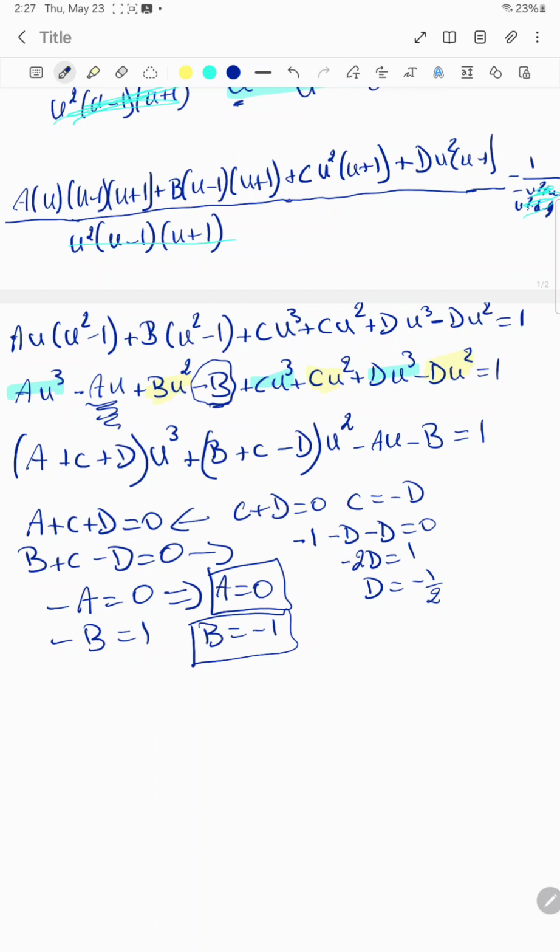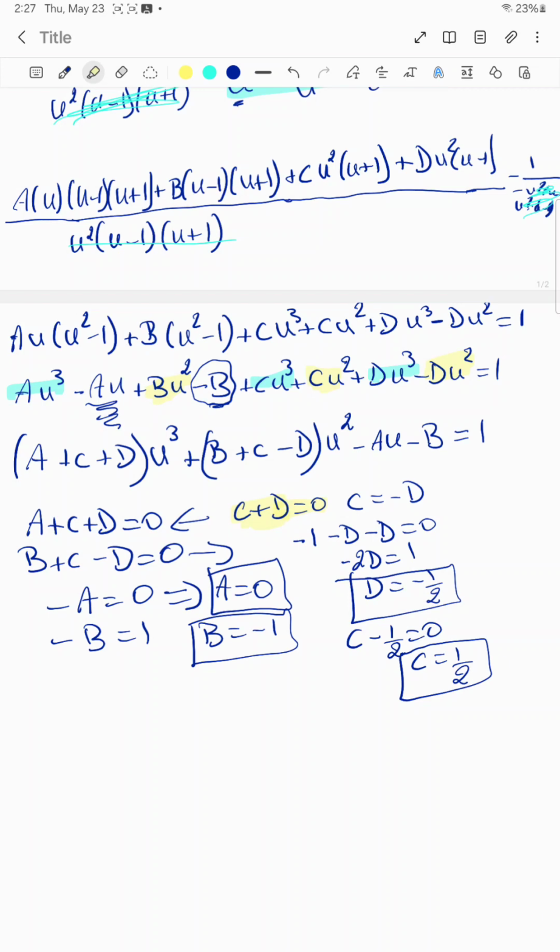And if I have my d is equal minus 1/2, I can take, let's highlight it so you can see it, I can take this and replace d by minus 1/2 and calculate my c. So c minus 1/2 equal to 0, then c is equal 1/2. Because c plus d is equal to 0, so I put c minus 1/2 equal to 0.